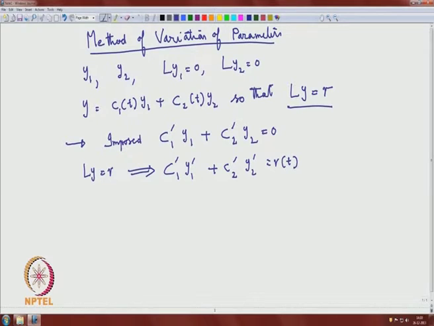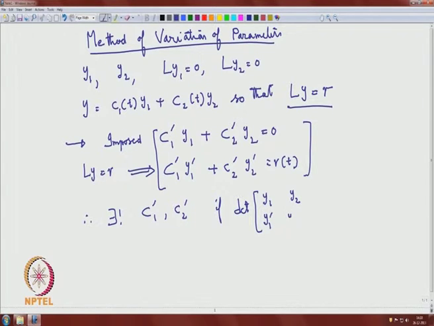So, you see, we have two equations in two unknowns. Here C 1 prime and C 2 prime are the unknowns, while y 1, y 2, y 1 prime and y 2 prime are given. Therefore, there exists a unique C 1 prime and C 2 prime if the determinant of the matrix y 1 y 2 y 1 prime y 2 prime is not equal to 0.